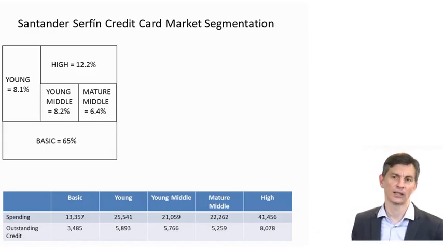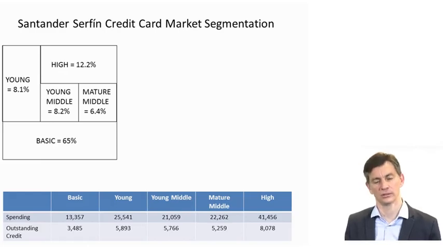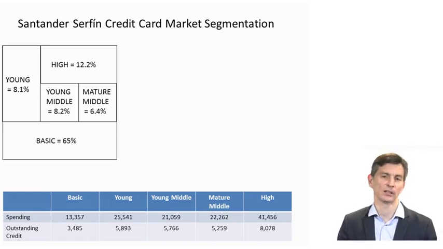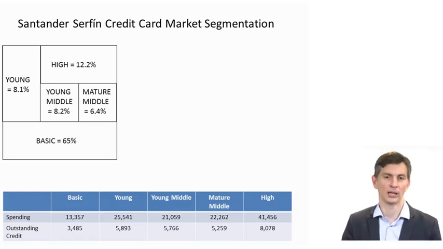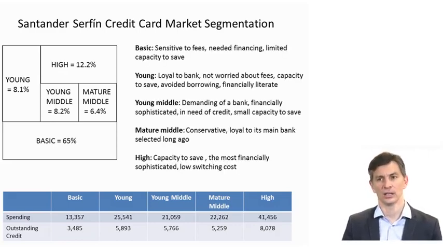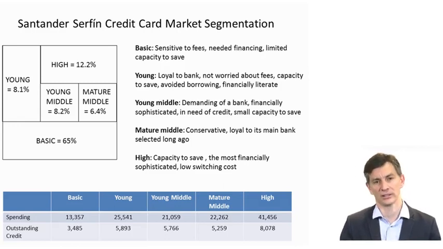On the one hand, the basic segments, which have the lower level of spending and outstanding credit, then the young middle and the mature middle, which could constitute another different segment, and finally, the high segment with the highest level of spending and outstanding credit portfolio. But we could have gone even further, and here is a very rough description of the different 5 segments that they have identified.